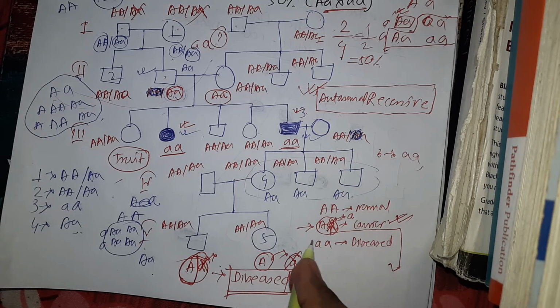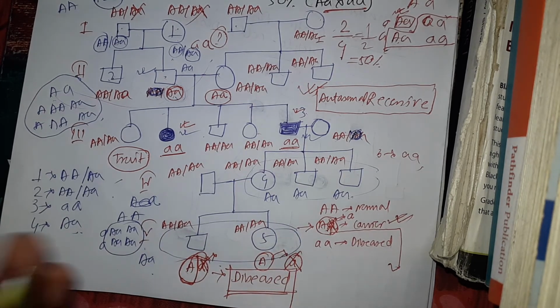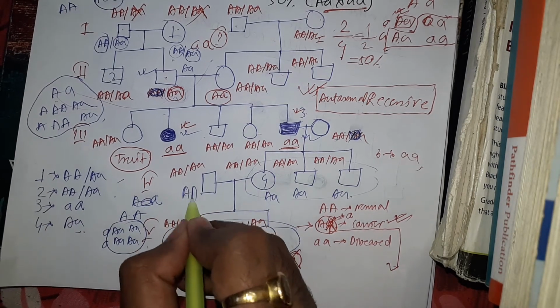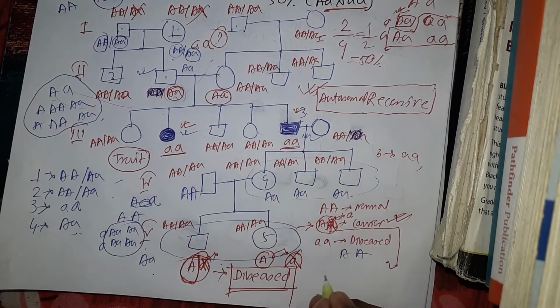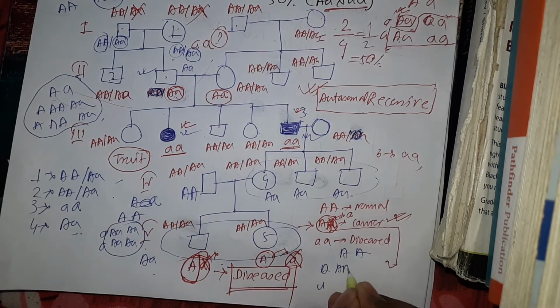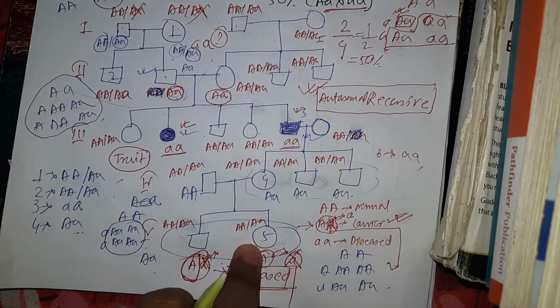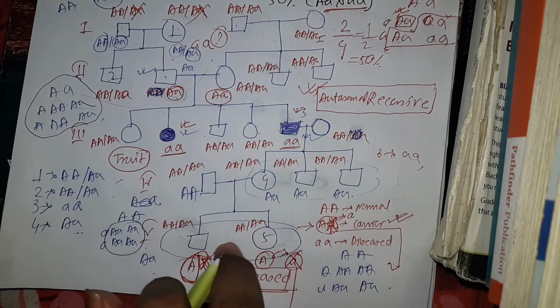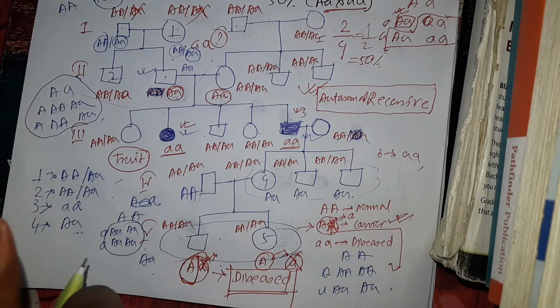Now again देखिए कि इस इंडिविजुअल में भी कोई भी फील्ड सिंबल नहीं है, that means the disease is still not expressing itself, right? So we can easily conclude that there will be capital A, and by simply Punnett squaring we can conclude that the chance of individual 5, whether it is normal or a carrier, is 50%, okay?